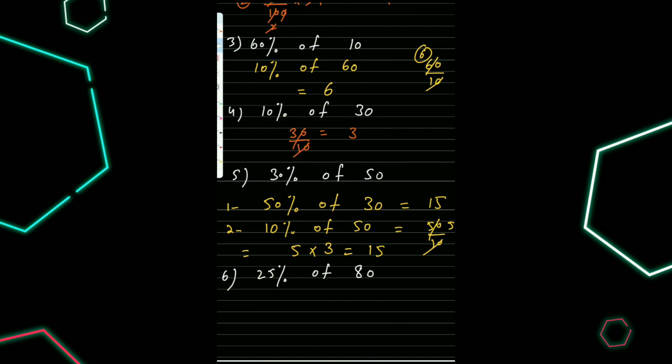If you have to find 25% of any value, then you can easily solve it, it means 1/4 of 80. So you can simplify and look at this, 20 is the answer. So if 25% of any value is asked in a question, you can just divide that number by 4 and you will get the answer.